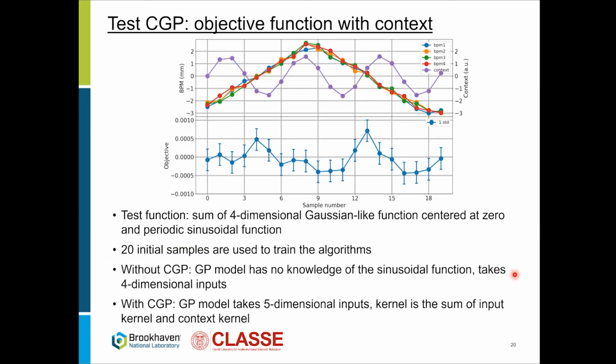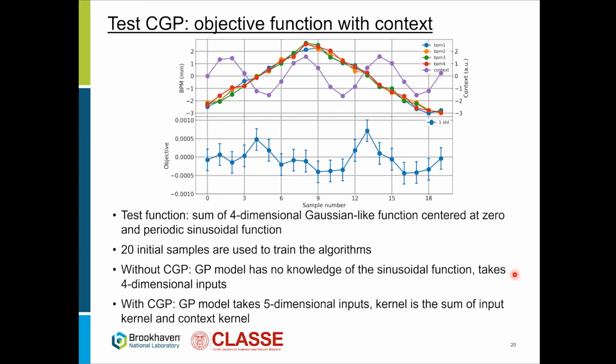Okay, next slide. Here is the test function we use. Basically it's the original 4D Gaussian function, but we added a periodic sinusoidal function on top of it to imitate the behavior of the ion beam intensity we showed before. This picture shows the 20 initial samples that we used to train the algorithms.